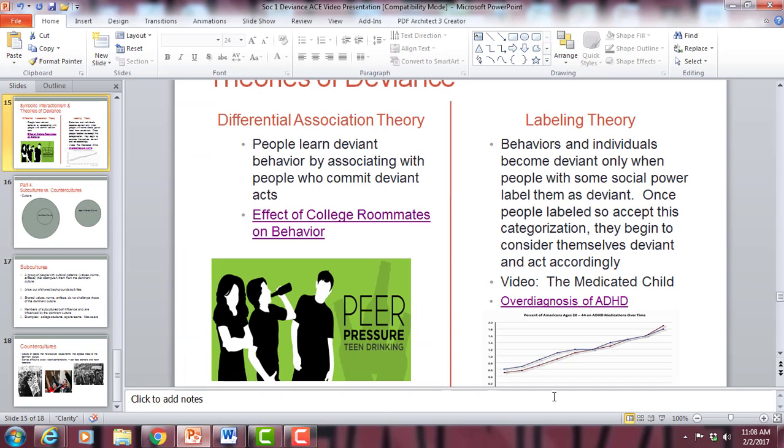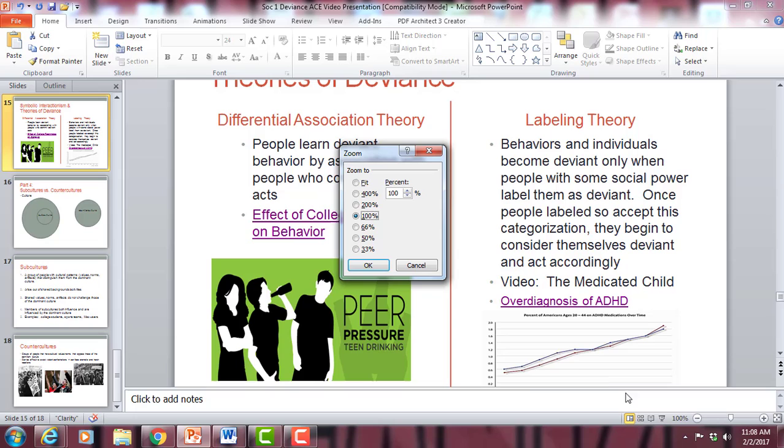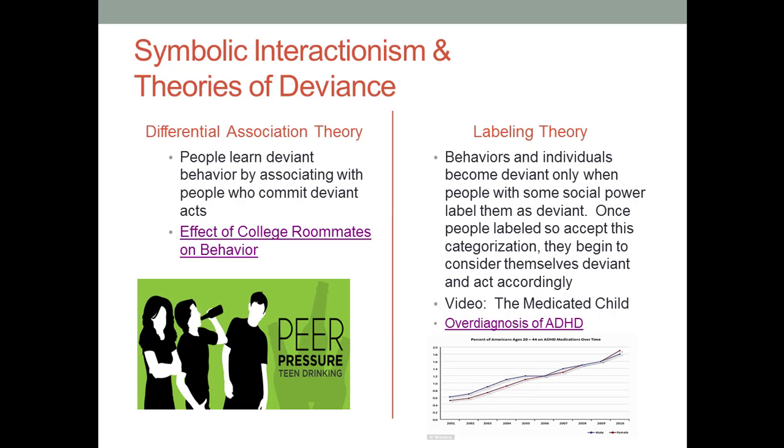These are huge numbers, and I think symbolic interactionism has some interesting things to offer us when we think about why these numbers are going up. Or is this a real phenomenon, or is it simply that we're labeling people as such?